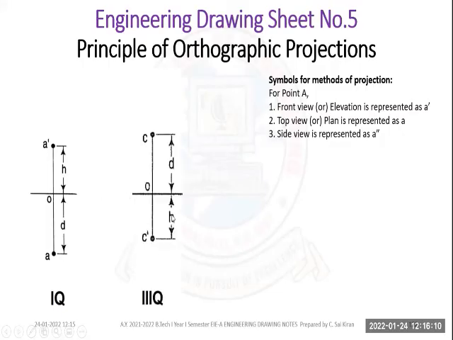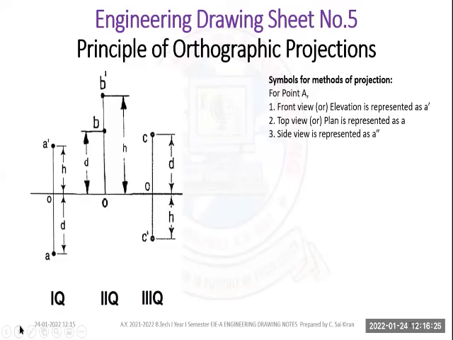And in the third quadrant, H is negative and D is negative. Since H is negative, it will come below the XY line in the third quadrant, because first and third quadrant are totally opposite. And next is the second quadrant. In the second quadrant, H is positive and D is negative.